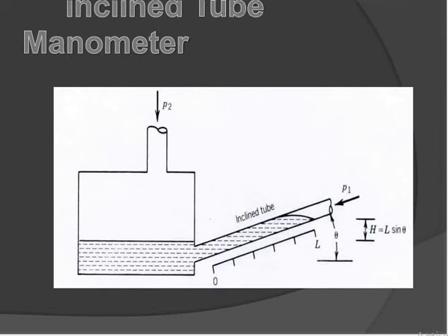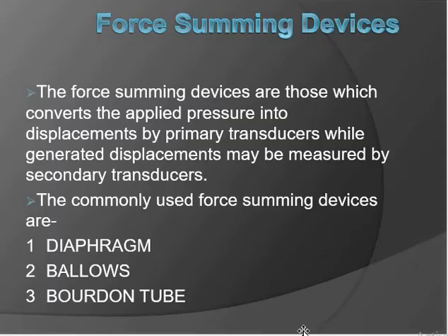One side is open to the vessel, and another pressure acts from the top side. In the inclined tube, one pressure is acting and we measure how far the liquid moves in the tube. So h is equal to L sin theta, where theta is the angle of the tube. With the help of this equation we measure the pressure.